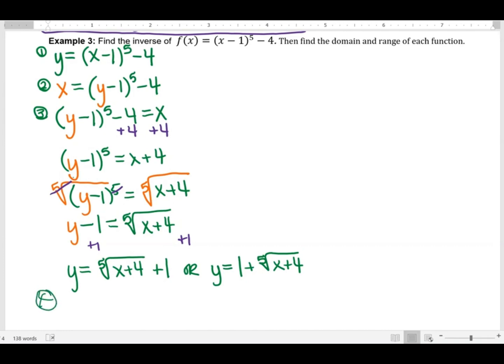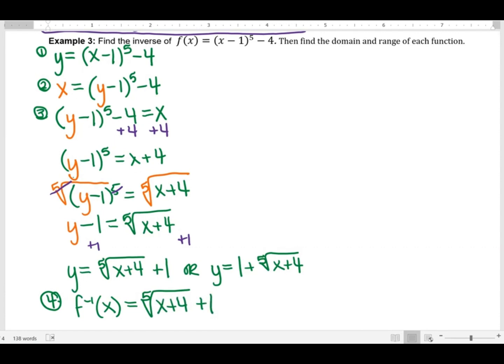So our 4th step, we need to do the inverse notation. F inverse of x is equal to the 5th root of x plus 4, plus 1.